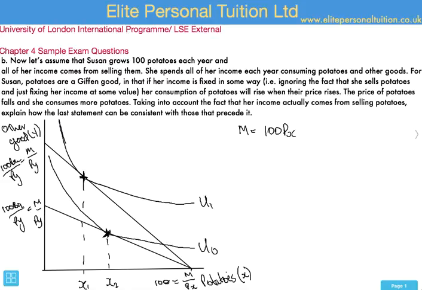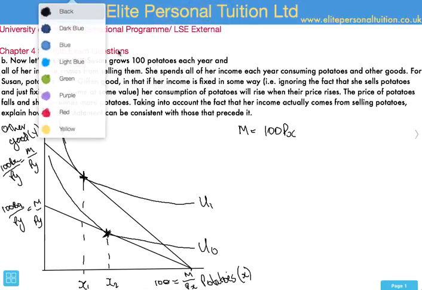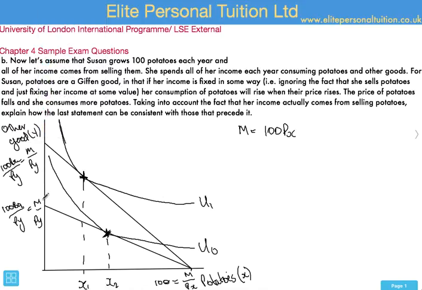So now we can isolate the income and the substitution effects. So we take our new budget line and we shift it out until it's tangent to our old utility.